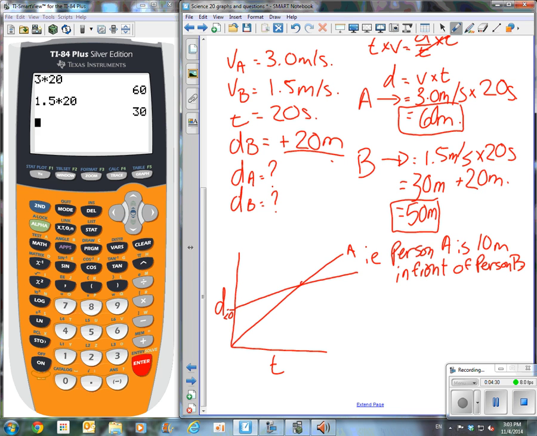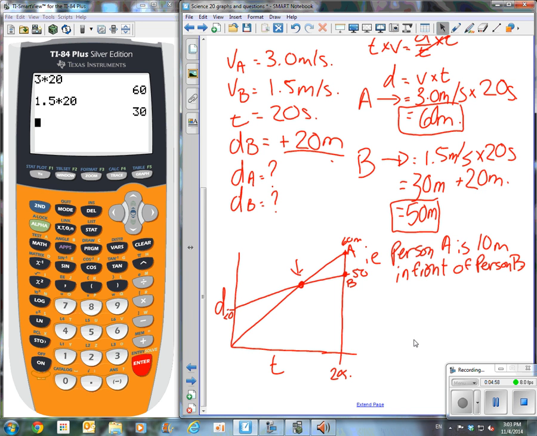This point here would be 50 meters, and this is going to be 60 meters, at a time of 20 seconds, which is what we're looking for. And at some point there, person A would have overtaken person B at this point here.